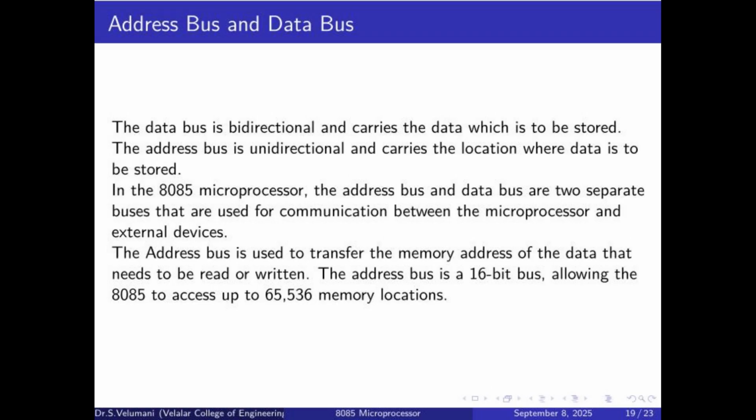Address bus and data bus. The data bus is bidirectional and carries the data which is to be stored. The address bus is unidirectional and carries the location where data is to be stored. In the 8085 microprocessor, the address bus and data bus are two separate buses used for communication between the microprocessor and external devices.